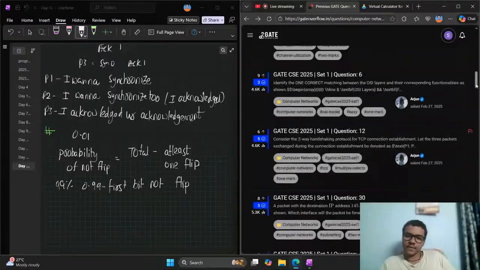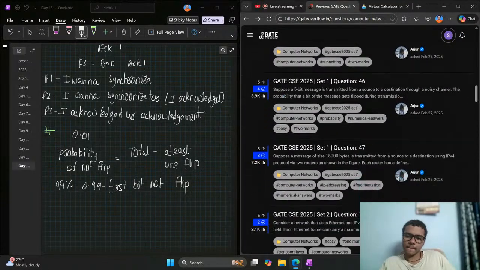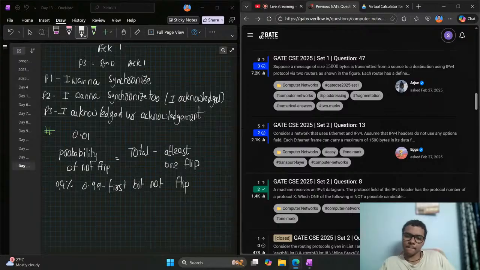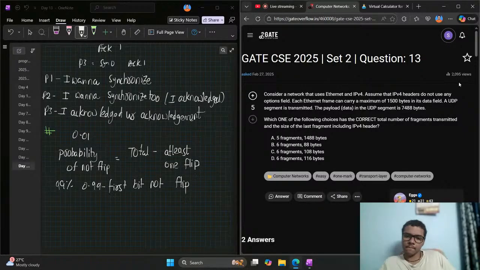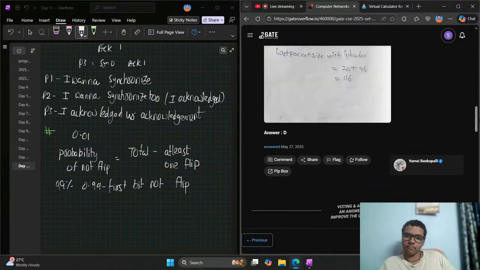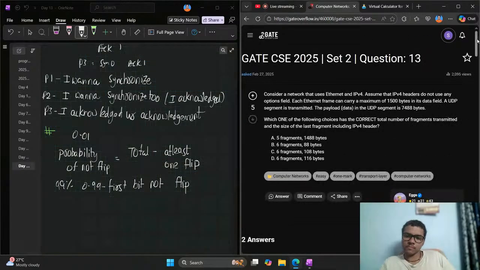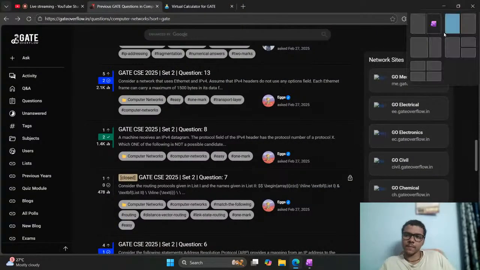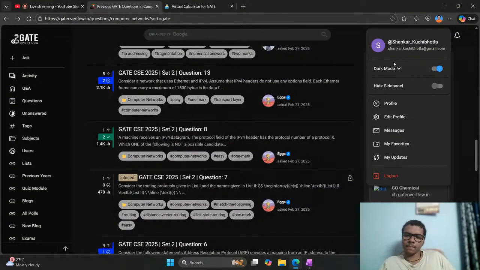My flag got instantly removed. I see. Okay, I want to reload that one.